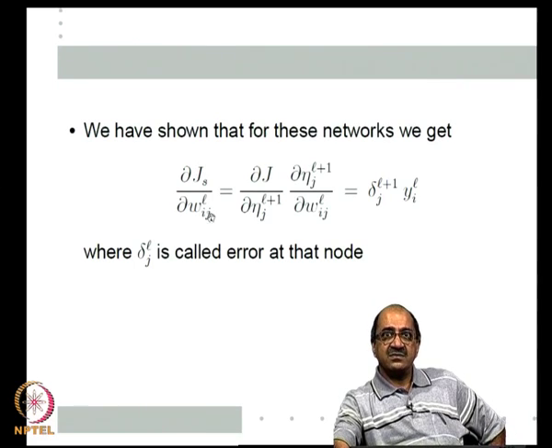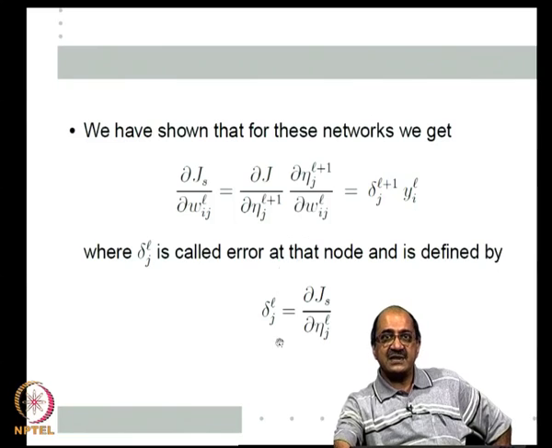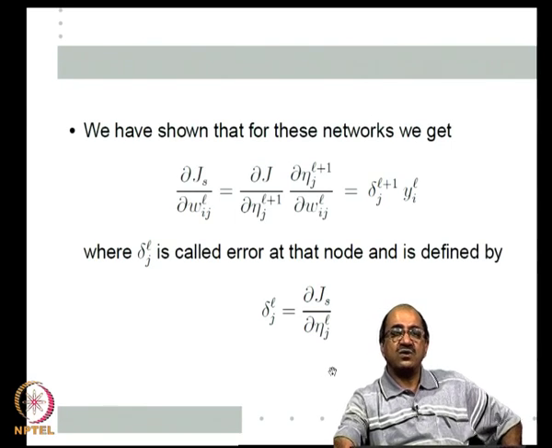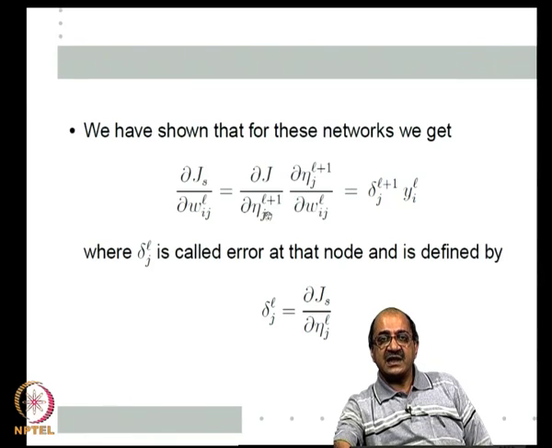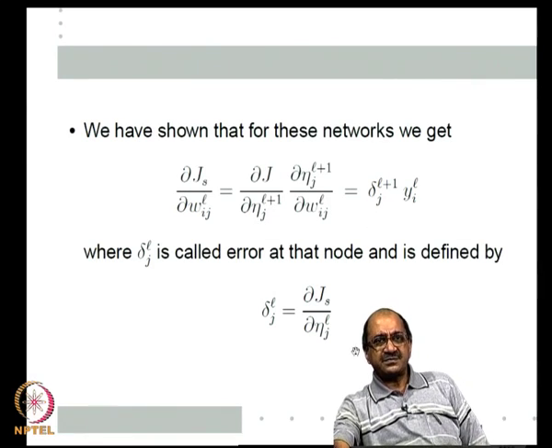And this first term, which we called delta j L plus 1, is called the error at that node, and is defined in general as delta j L, the derivative of the error with respect to njl, the total input to node j in layer L. The delta j L's are called errors at a node.